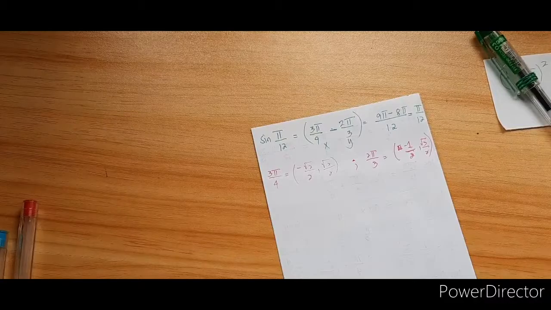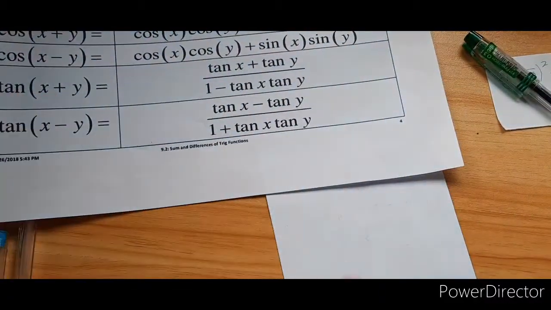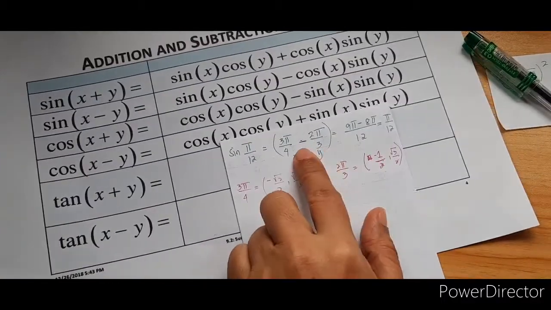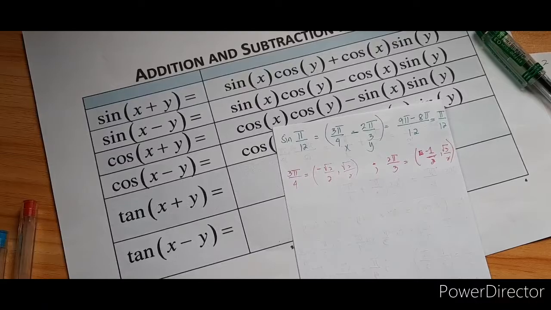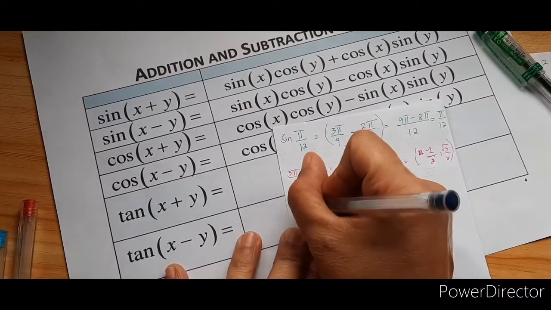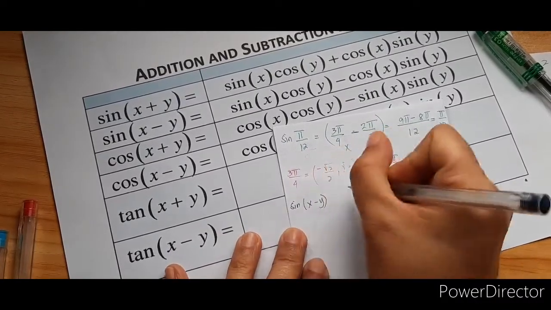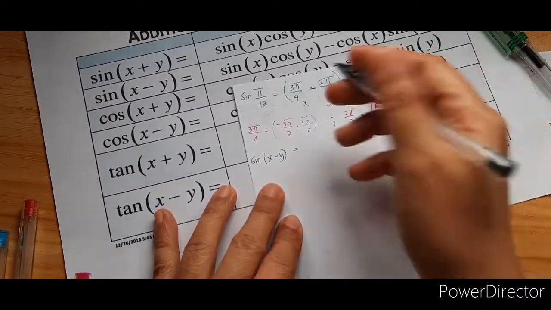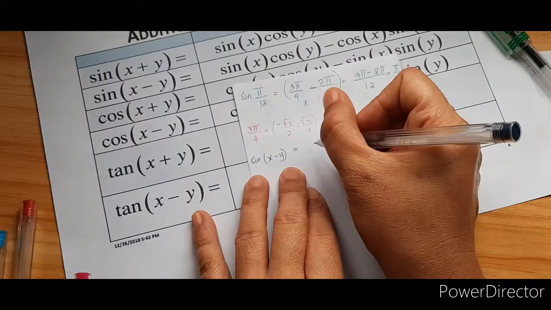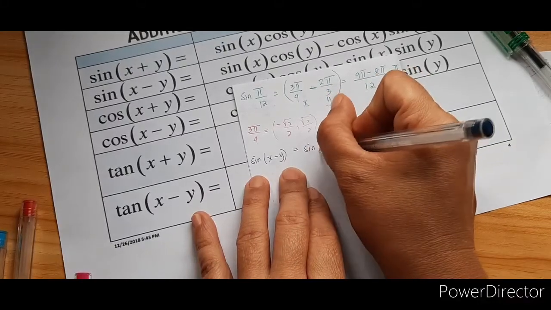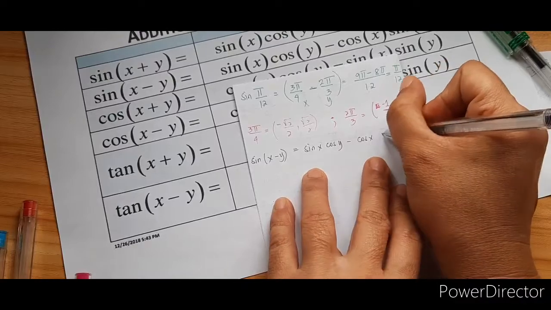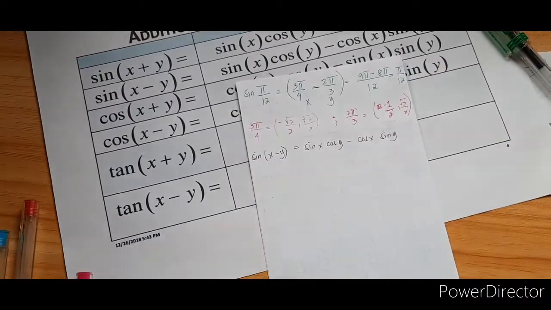Okay, and then the next thing that we are going to do is to look for the formula. Ano yung formula natin for sine minus? Sine x minus y is equal to sine x cosine y minus cosine x sine y.